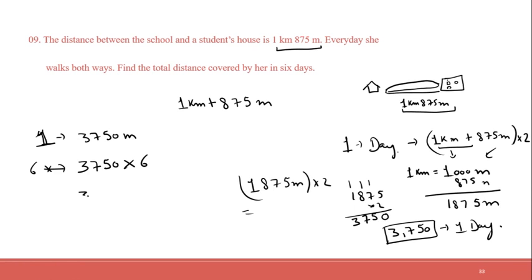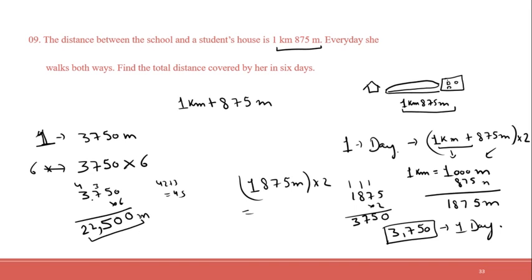How will we multiply it? 6 into 0, 0. 6 into 5, 30, 0 here, 3 carry. 6 into 7 is 42 plus 3, 45, 5 here, 4 carry. 6 into 3 is 18 plus 4, 22. So this is the distance in meters she walks in 6 days, right?